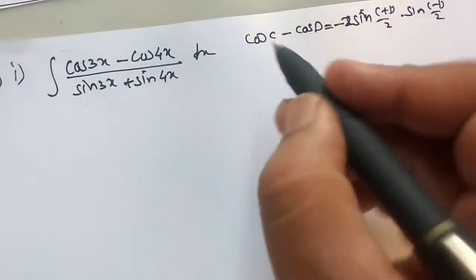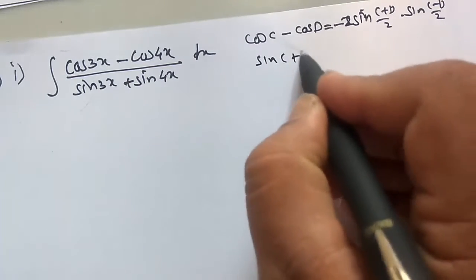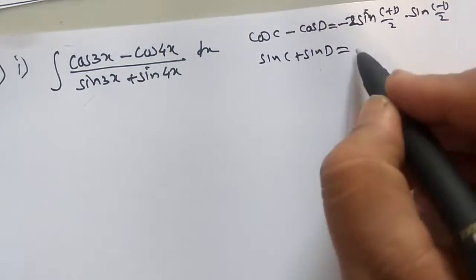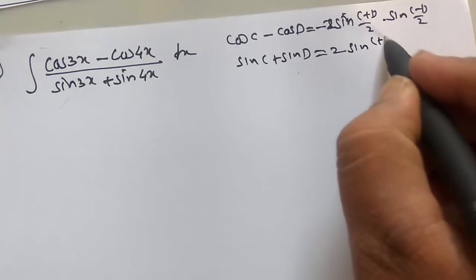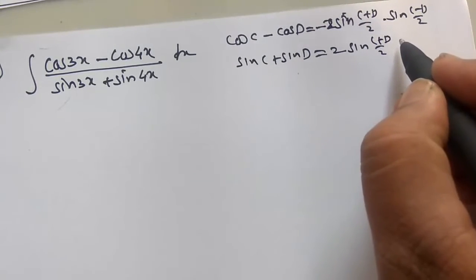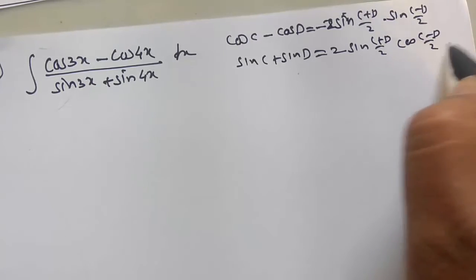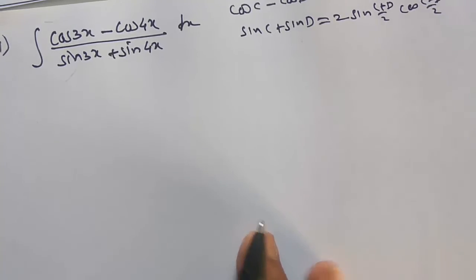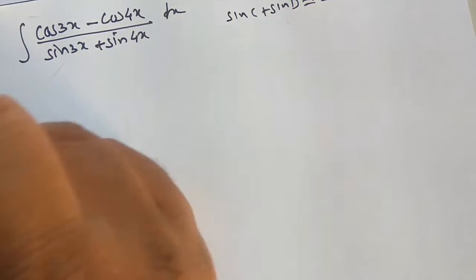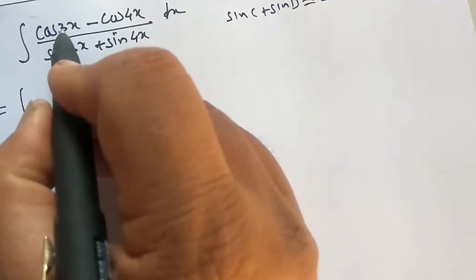And sin c plus sin d is equal to 2 sin of (c plus d) by 2 into cos of (c minus d) by 2. So using this formula, the given integration becomes integration of, here c is 3x and d is 4x.